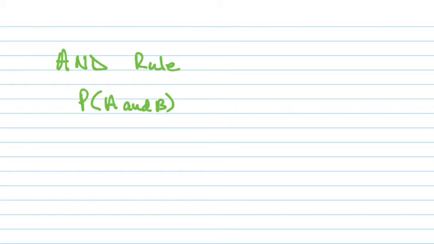And each one of them has a rule. The first one is the AND rule. Anytime you're trying to find the probability of two events connected by the word AND, the AND rule says that you just take the two probabilities and multiply them together.